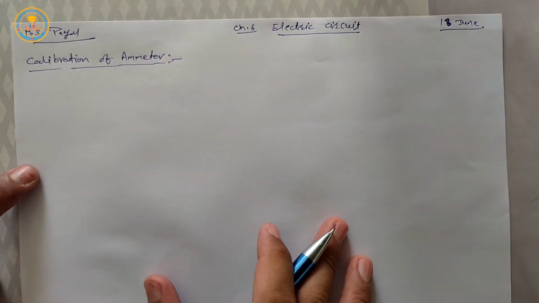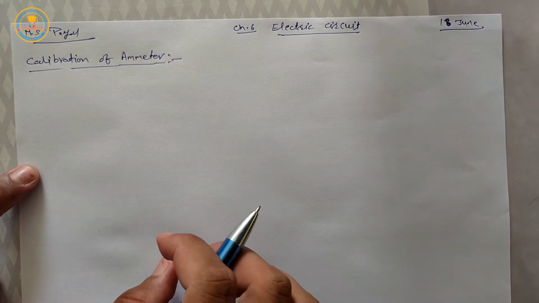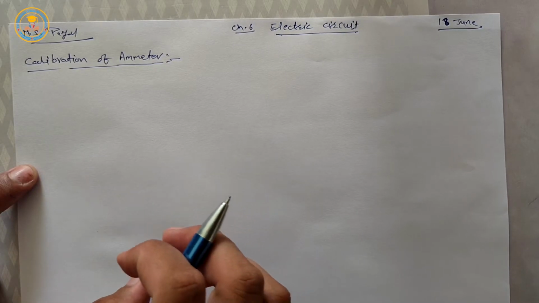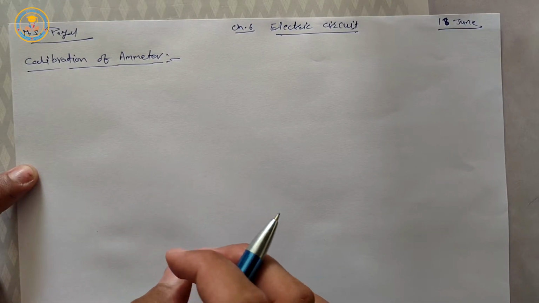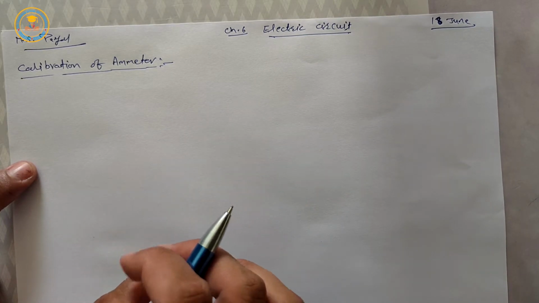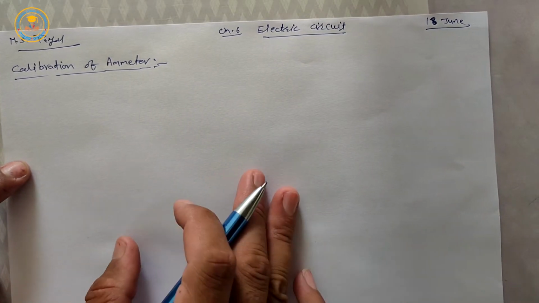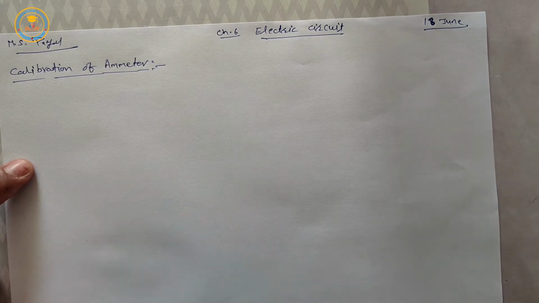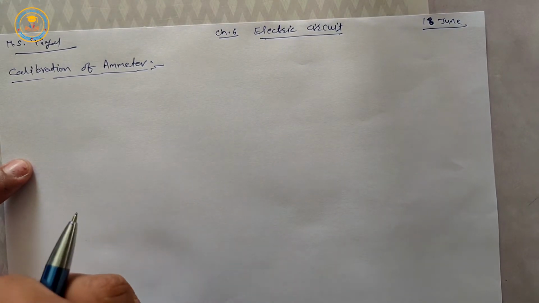What is an ammeter? An ammeter is a device which measures the current flowing through the electric circuit. But this observation is errorful. So we measure current by the potentiometer.